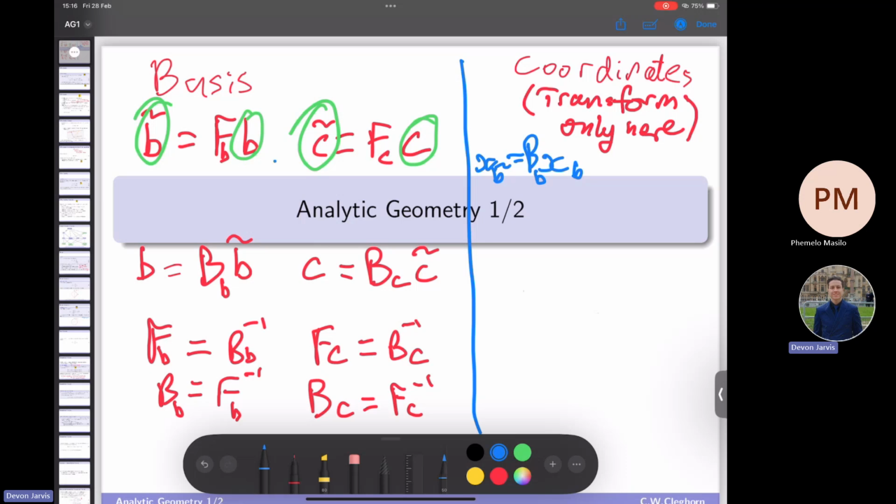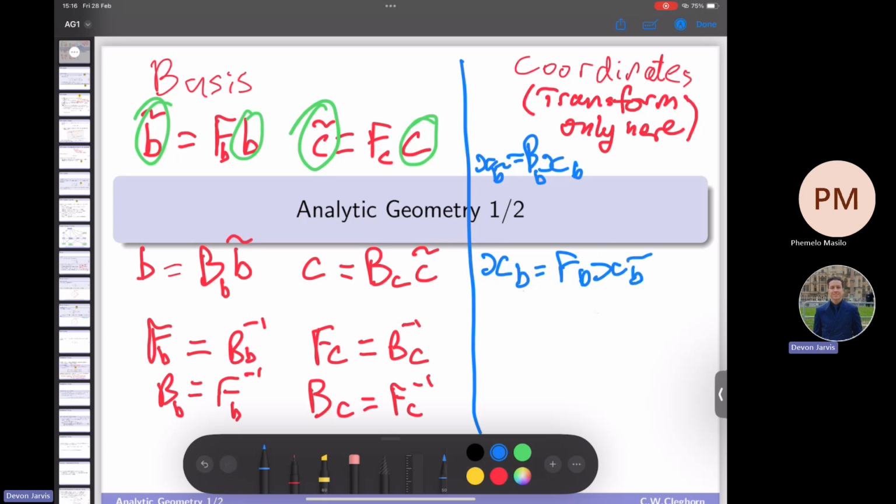So again, when we're working with the bases themselves, old to new uses the forward transform. When I'm working with coordinates, it goes backwards, right? Because remember the example: if I go from working in kilometers to meters, my unit of measurement, my basis, gets 1,000 times smaller. My coordinate must get 1,000 times longer. 1 kilometer, 1,000 meters. So it's the backwards transform there. Same here. I can get x_B equal to the forward transform of B times x tilde, x_B tilde.